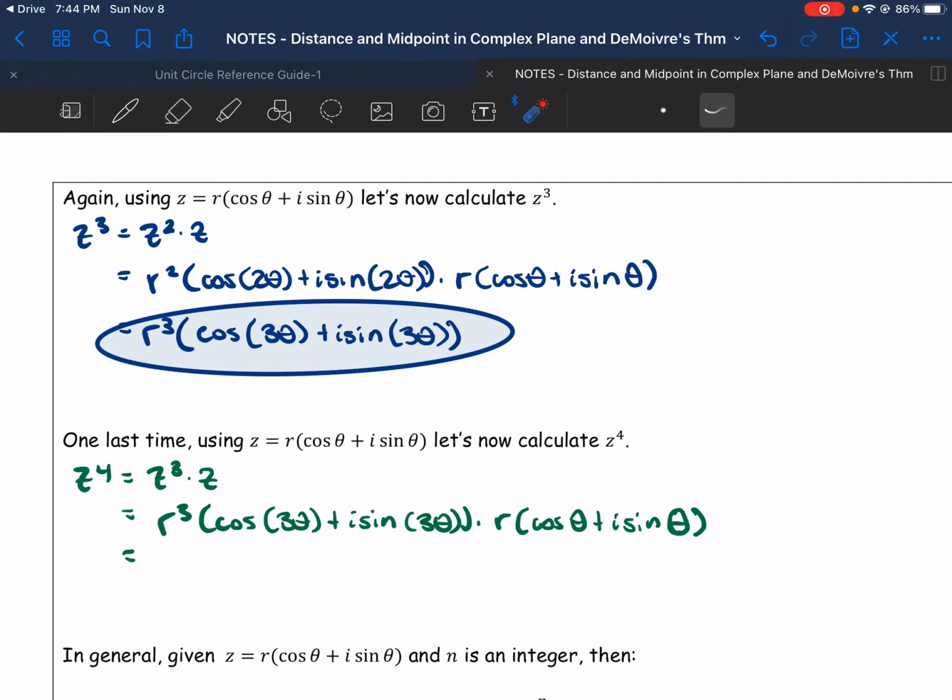And once again, we're multiplying two complex numbers written in polar form, so we can multiply the moduli. r to the third times r to the first, that's r to the fourth. And then we can add the arguments. 3 theta plus 1 theta would be 4 theta.